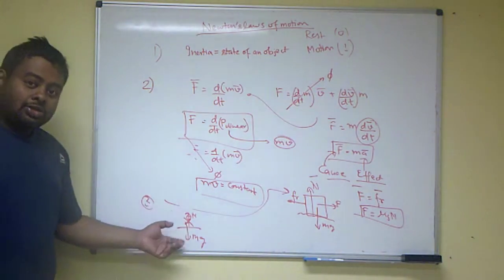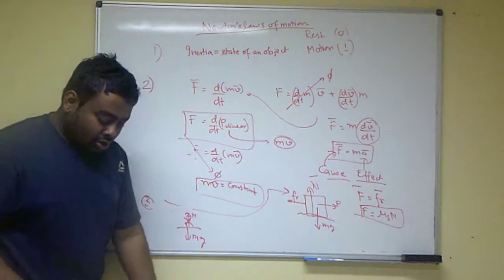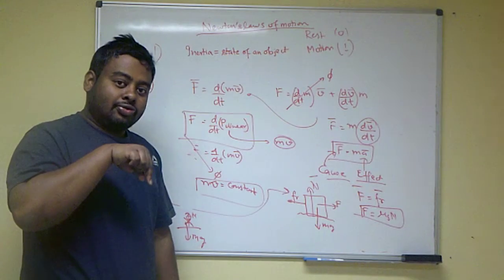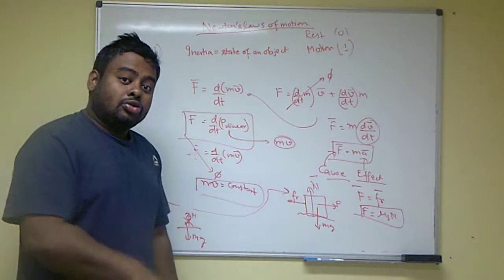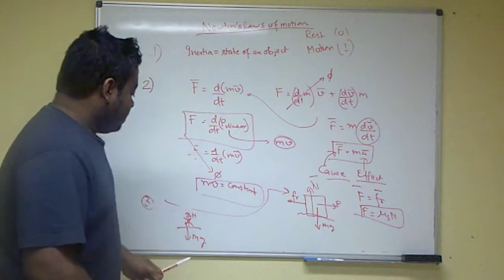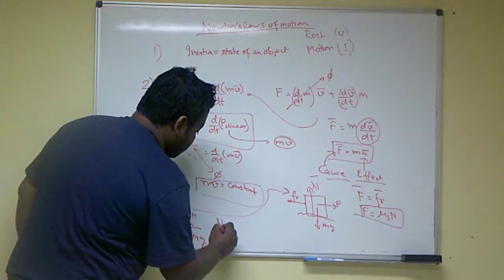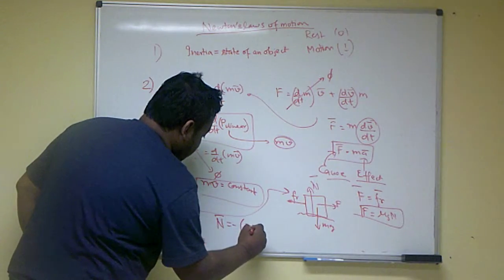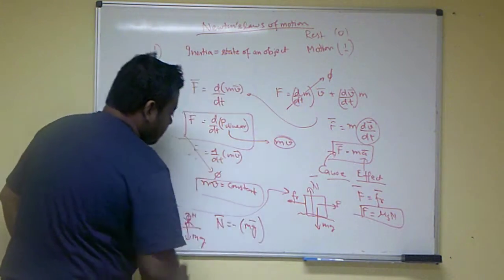We see that it's already opposite, as the normal force is acting towards you, and the mass times gravity force is acting away from you in the gravity direction. So you write this as N vector is going to be negative of minus mg vector.